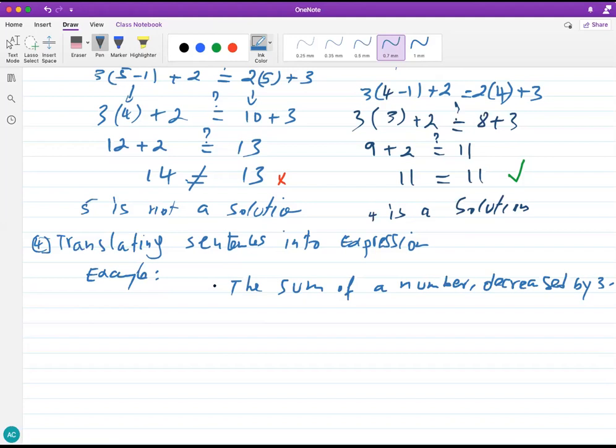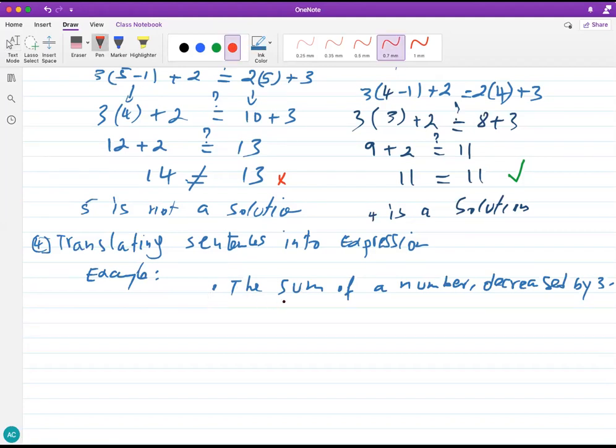So we need to translate it. So to translate an expression, what you want to do is read it a couple of times, understand it, especially focus on the keywords that we can replace with some algebraic or math symbols.